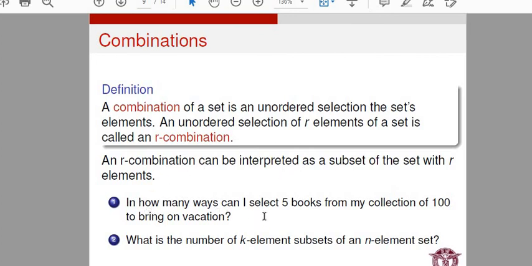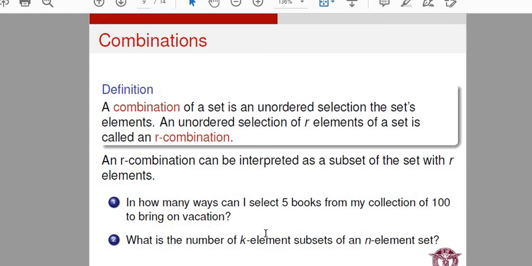So how many ways can I select 5 books from a collection of 100 to bring on vacation? Let's solve this.